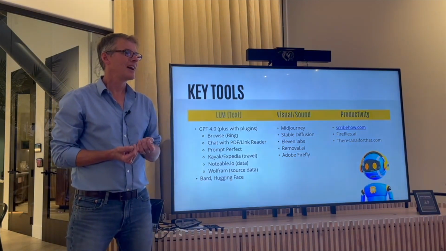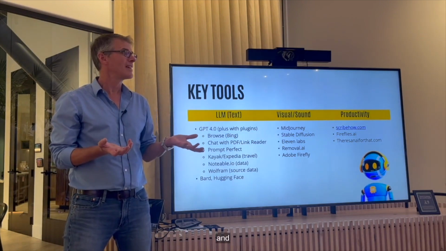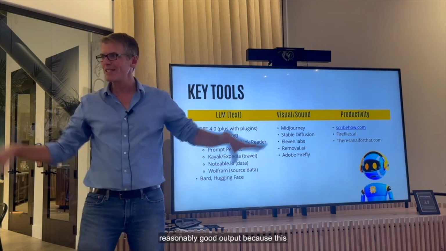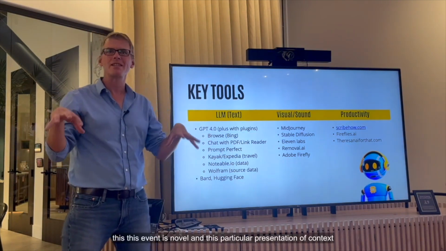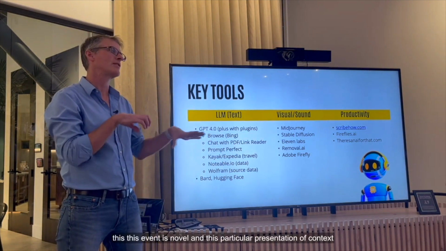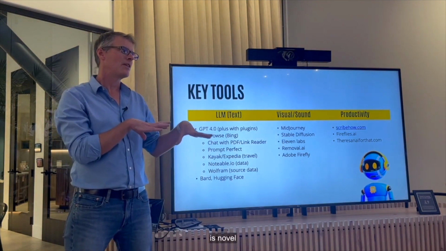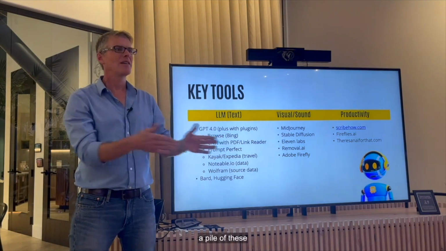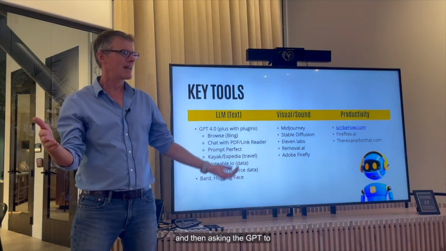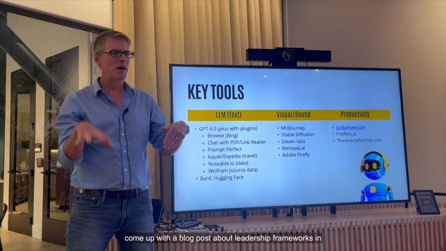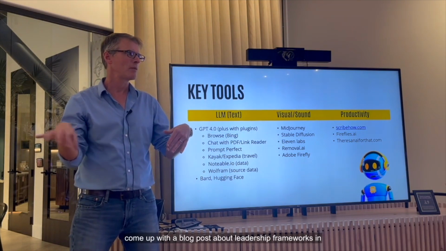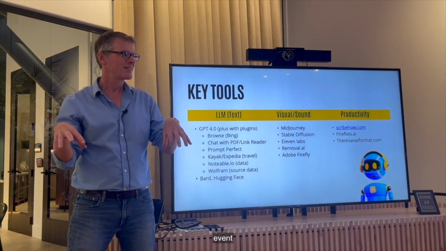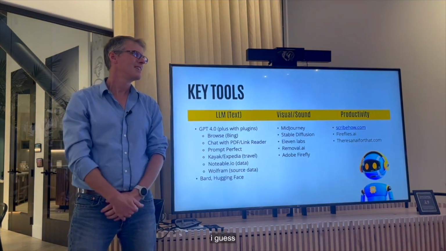But I would totally cheat and put it in there and get reasonably good output, because this event is novel, and this particular presentation of context is novel. So it has utility, versus a pile of these and then asking the GPT to come up with a blog post about leadership frameworks in AI. Because this event is singular, I guess.